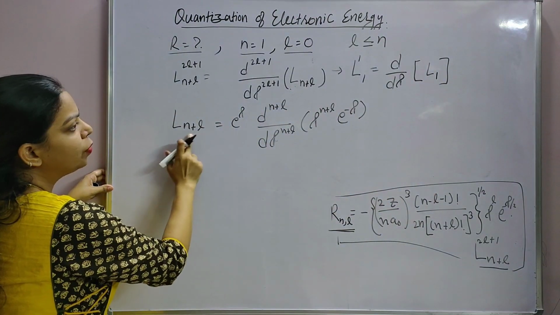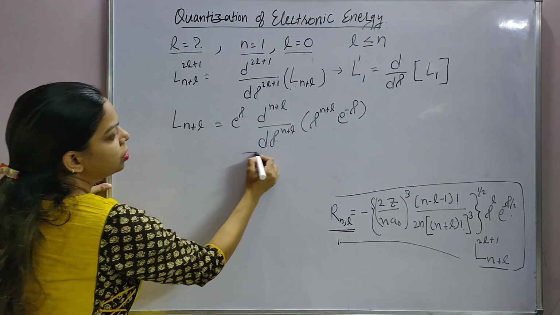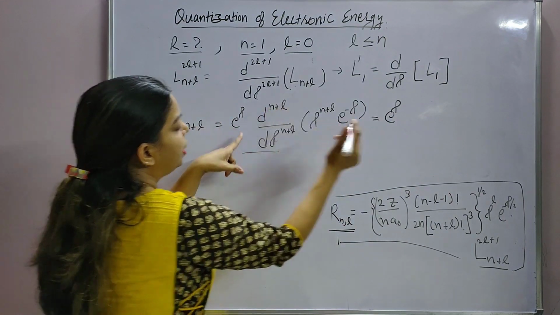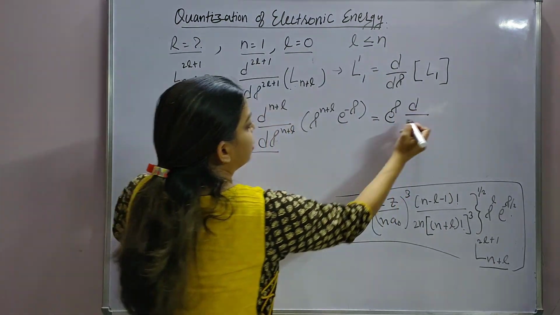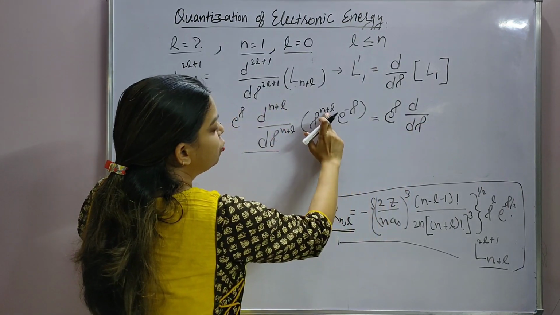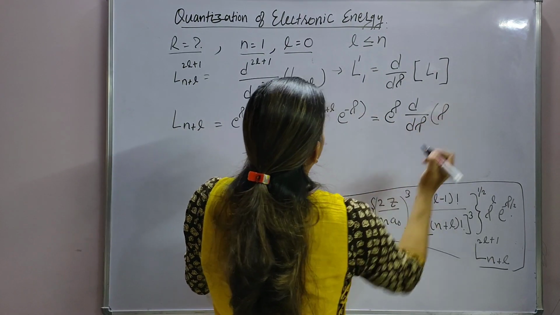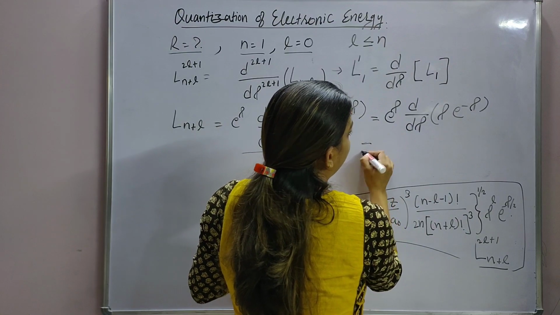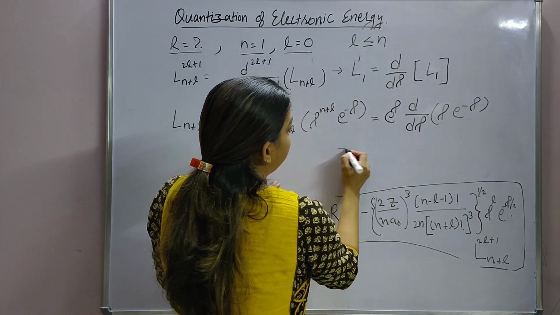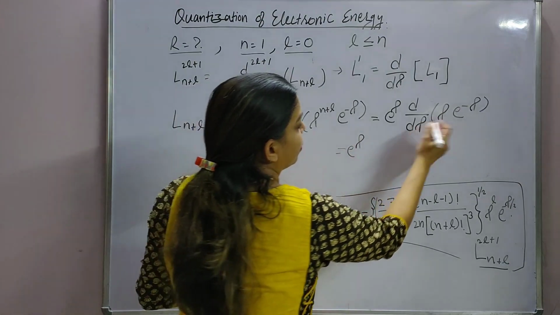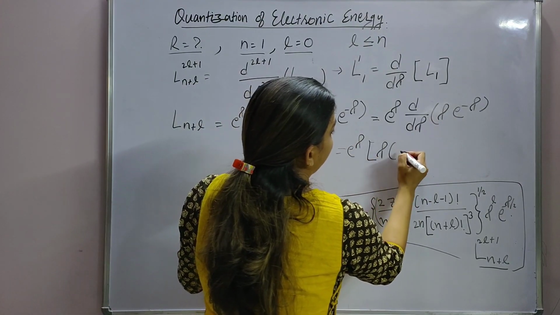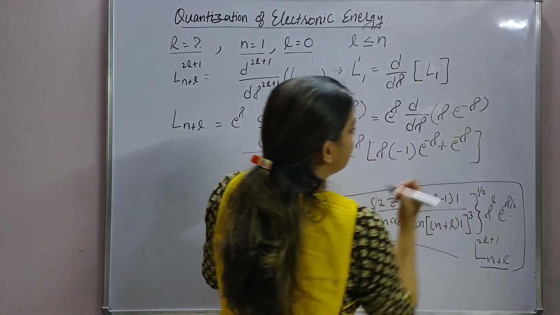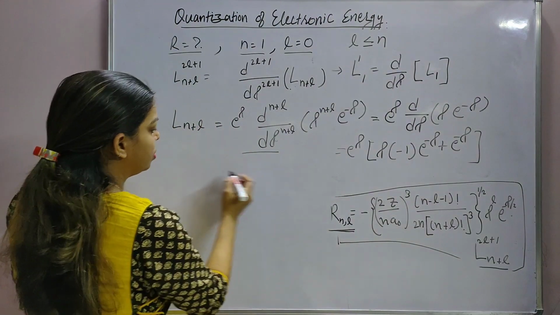Okay, so to get the value of this L1, get it from this expression: e to the rho, d by d rho, again rho raised to power 1 plus 0, and e raised to power minus rho. If I differentiate this, we will do it by parts, so this will be our result after differentiation.